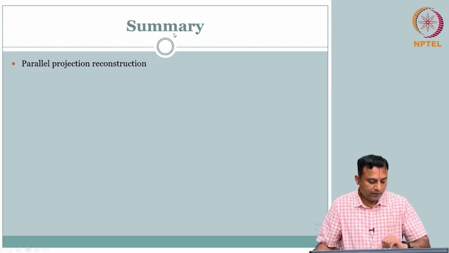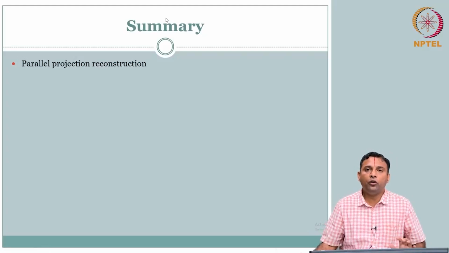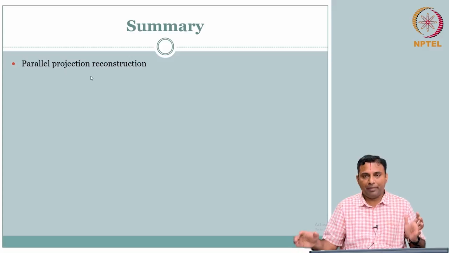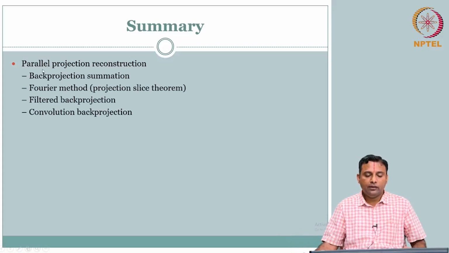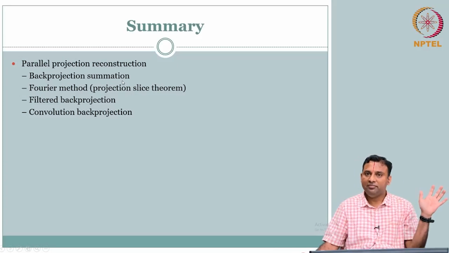So to just summarize what we have covered in the whole module of X-ray CT, X-ray computed tomography, we started with parallel projection reconstruction, which is a simple, intuitive paradigm to understand. There we talked about back projection summation first, the intuitive way, just project back the average sum.